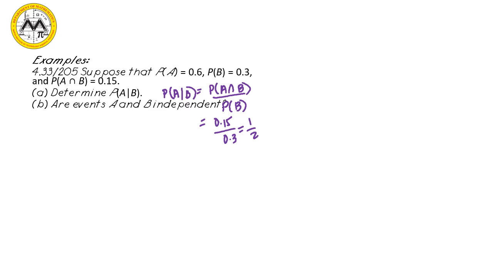Are the events A and B independent? They are independent if the probability of A given B is equal to the probability of A. Is 1/2 equal to 0.6? No. So this is not independent.